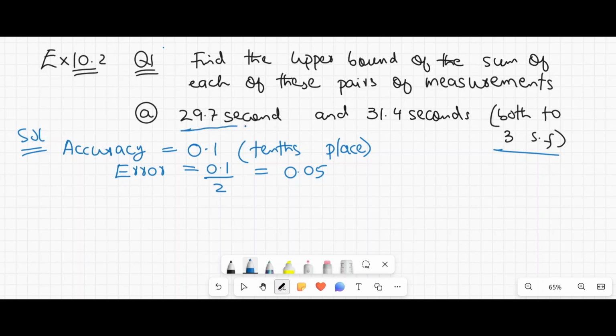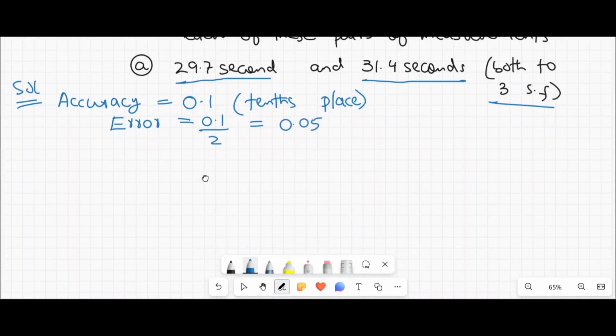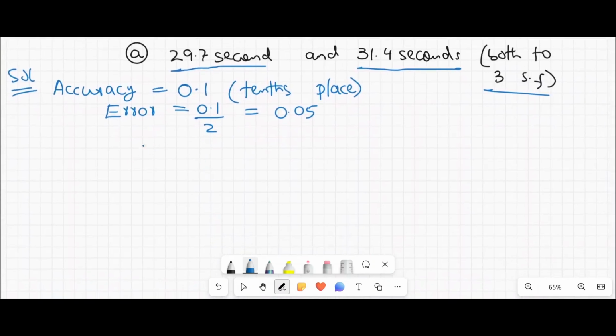So we need the upper bound for this number and the upper bound for this number. The upper bound for the smaller number 29.7 is 29.75, and the upper bound for the larger number is 31.45, because we are adding the error term.